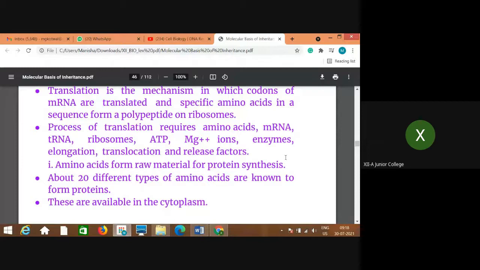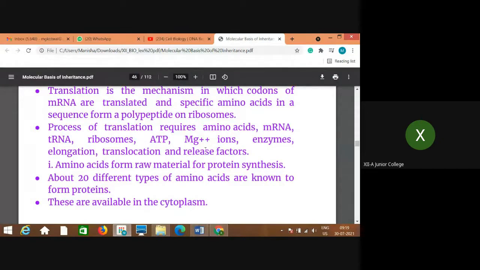Now, I just explained what an amino acid is, and proteins are nothing but a chain of amino acids, called a polypeptide chain. mRNA and tRNA I just explained. Then ribosomes, which are considered the actual site of protein synthesis. And ATP, which I just told you is required because the amino acids and tRNA should be energized; energy should be given, so ATP is required.